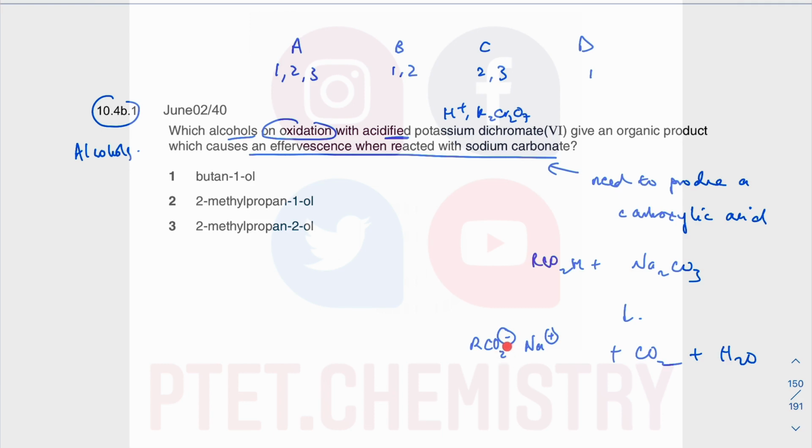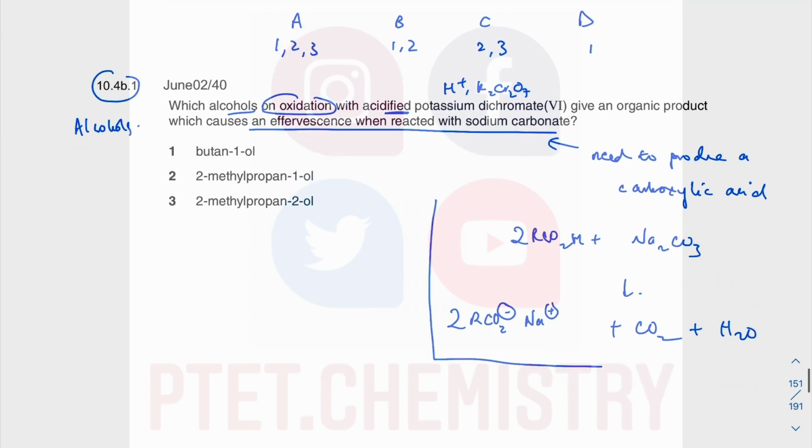When you give away the H+, you have 2 sodium there, so I need 2 of these. If I have 2 of these, I have 2 of the acid, and 2 of the H+ give me the H2, 1 of the oxygen gives me the O, they give me the CO2, and 2 sodium goes there. This equation is nice and balanced. But a lot of students would have written the equation without balancing it. They will run into trouble when they try to do a calculation question with it.